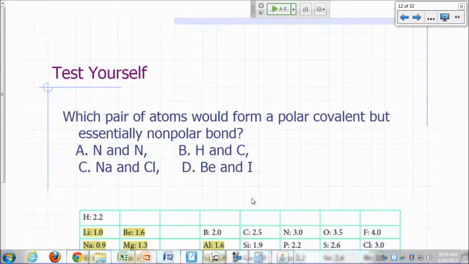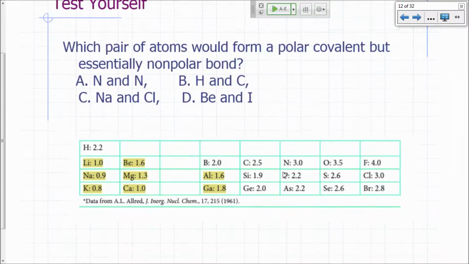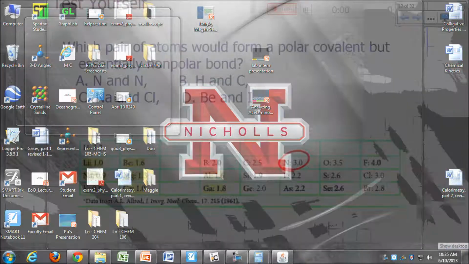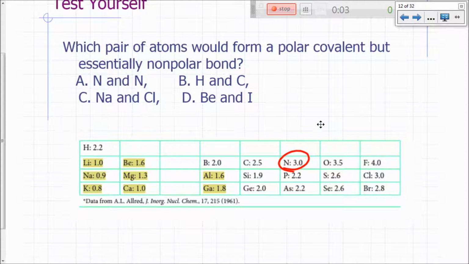All right. Which pair of atoms would form a polar covalent bond but essentially nonpolar bond? Ready? Okay, let me go ahead and start the poll while I try to explain. Nitrogen has 3.0. Hydrogen's 2.2.